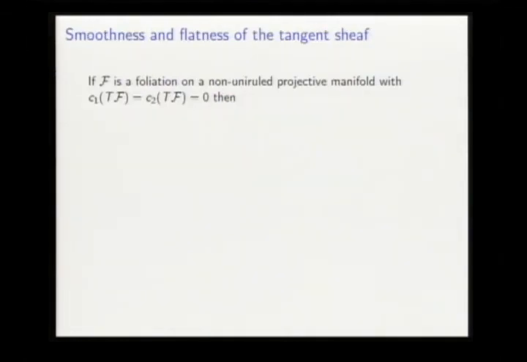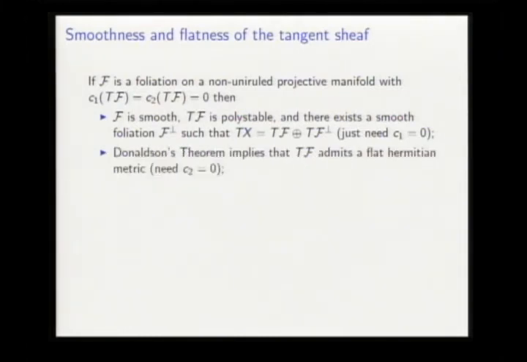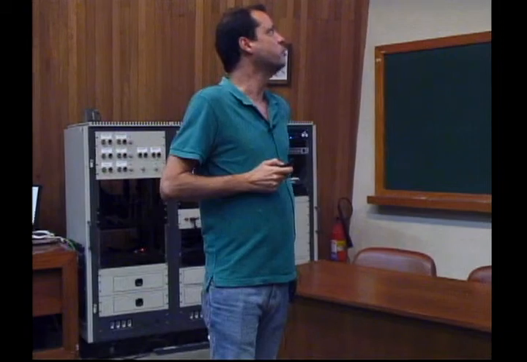So how do things go? We can prove in this case that T_F is polystable, it's a technical condition, and that there exists a smooth foliation transverse to F such that the tangent bundle of X splits. For this, we don't need c2 equals 0, we only need c1. But from the polystability and c2 equals 0, we can use a theorem by Donaldson, Uhlenbeck, Yau, which says that the tangent bundle admits a flat Hermitian metric.